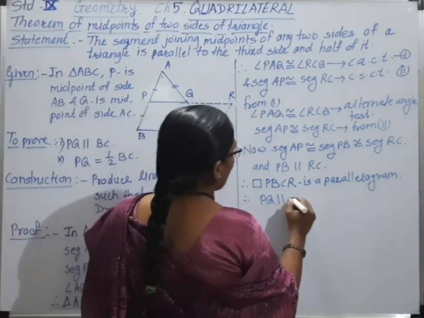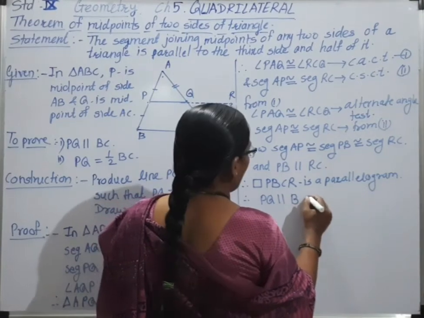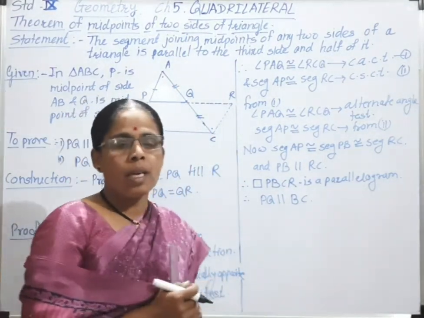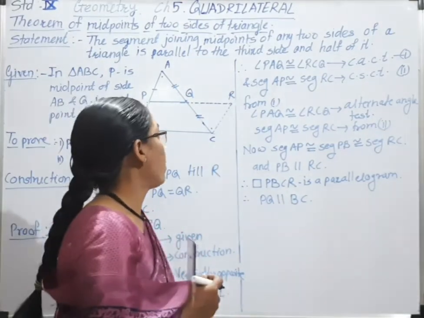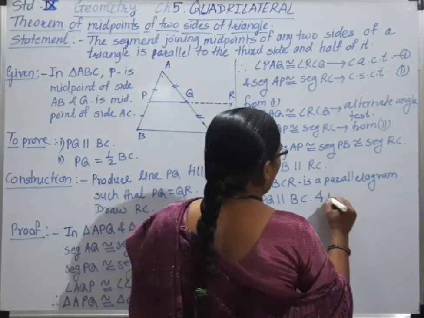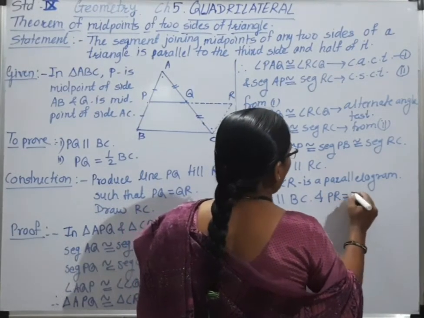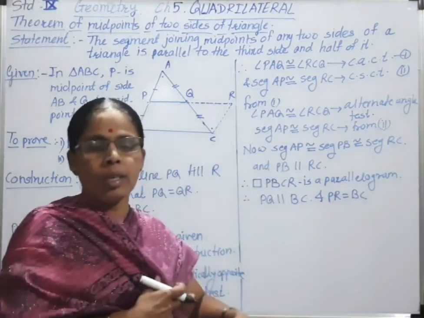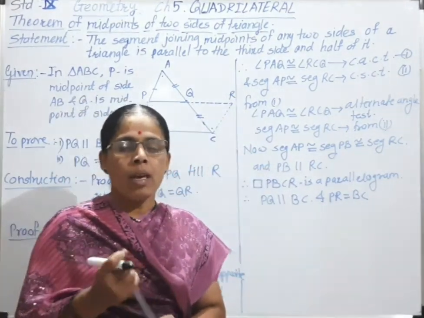Therefore PQ is parallel to BC, and PR is equal to or congruent to BC.